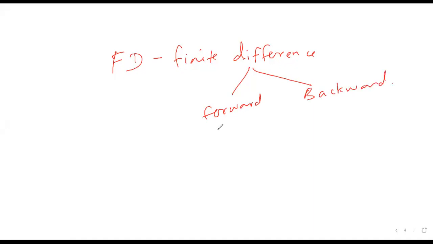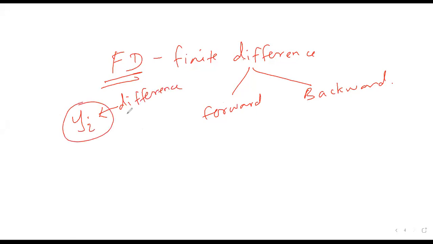For the finite difference itself, we are talking about the yi differences, not about the xi. Okay, yi is our solutions now. According to that difference only, we are talking here. And then it talks about two different ways of differences. One we call forward. For forward we use this notation, we call delta.